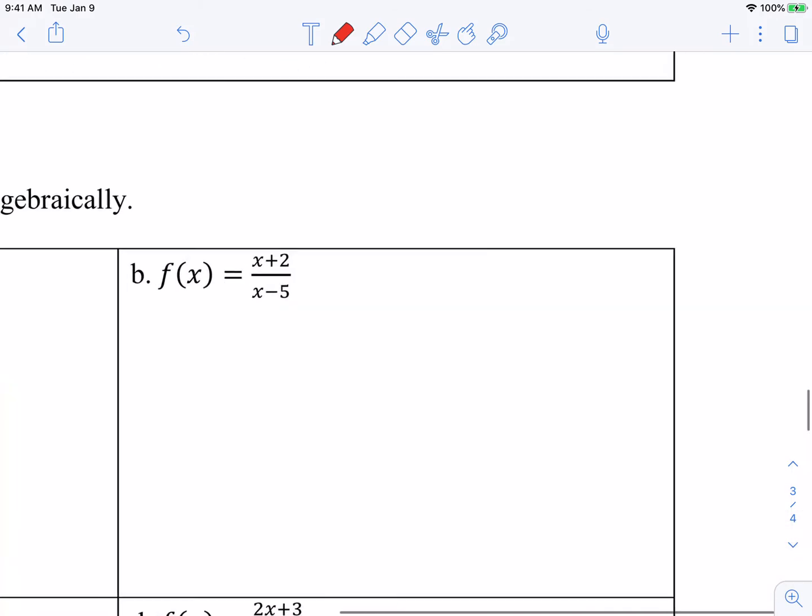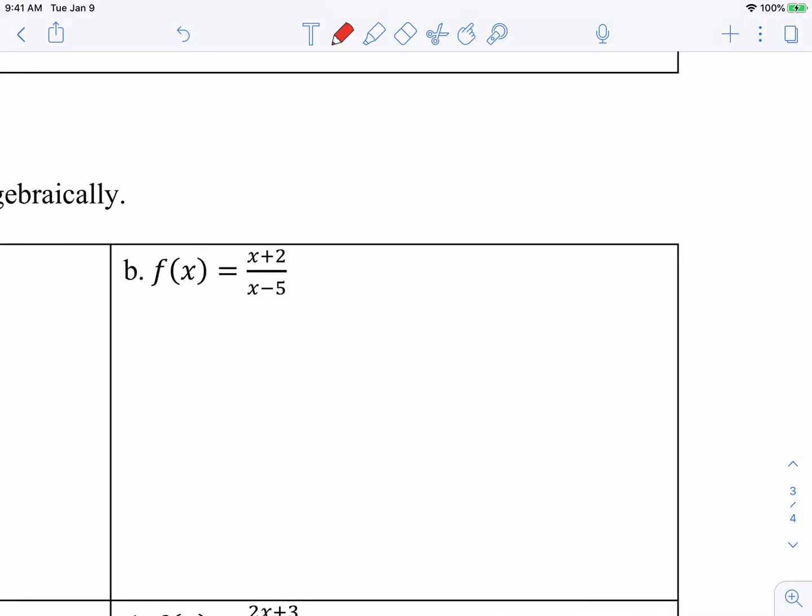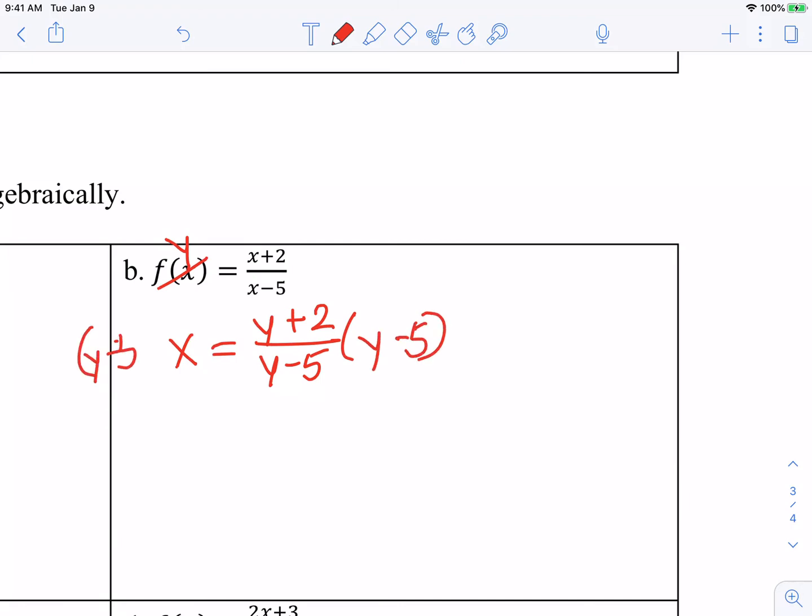Now for b. Same thing, we're going to replace with y and interchange, so we have x equals y plus 2 over y minus 5. Now I'm going to have to do a little algebra here so that I can get the y's to one side.